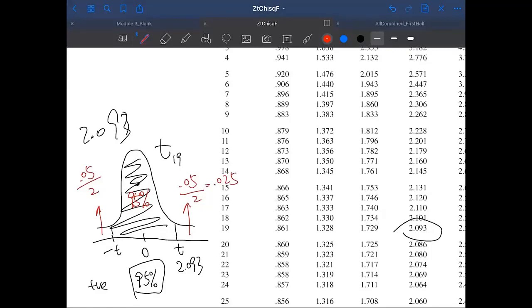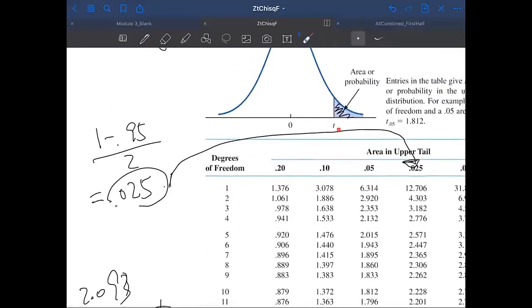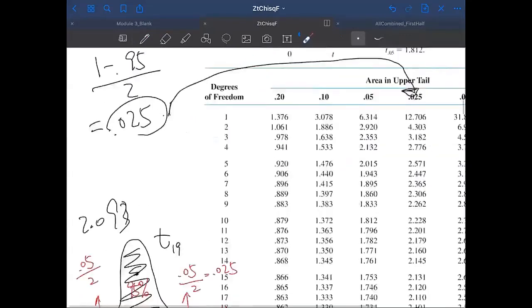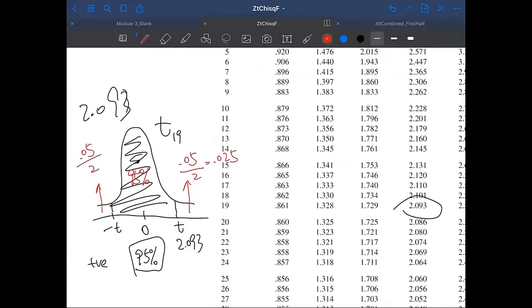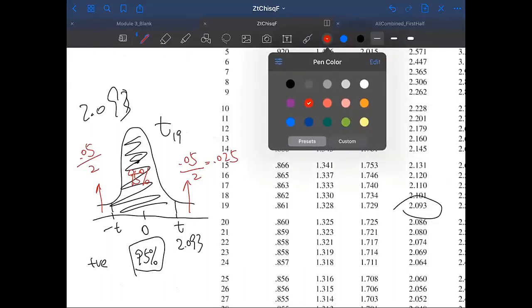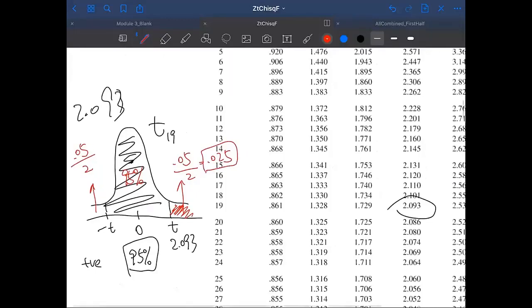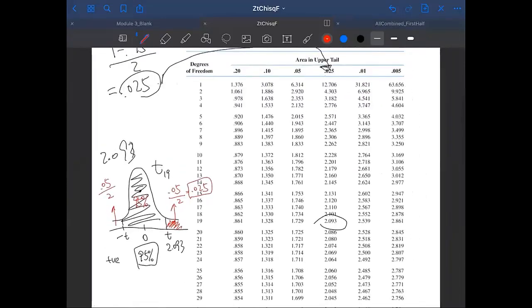And as I said earlier today, the T-table gives you the area to the right, right? So let's take a look. For this particular one, the area to the right is 0.025. And that's why we want to look for 0.025 and 19 degrees of freedom. And they will give us 2.093.